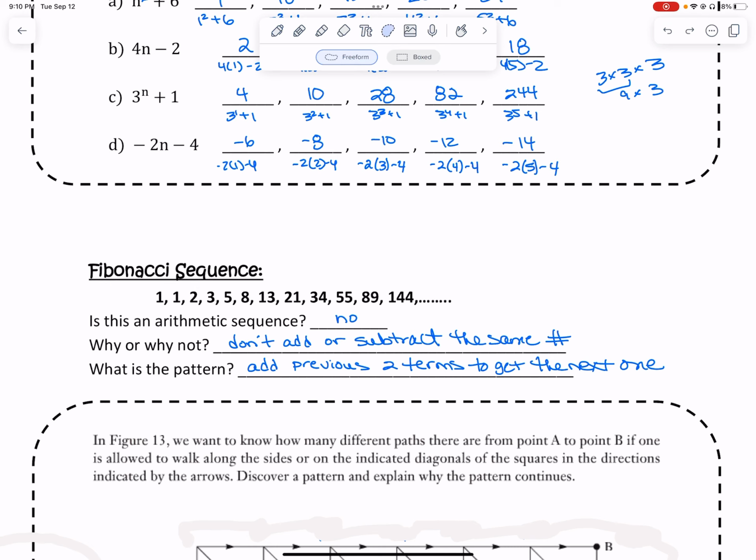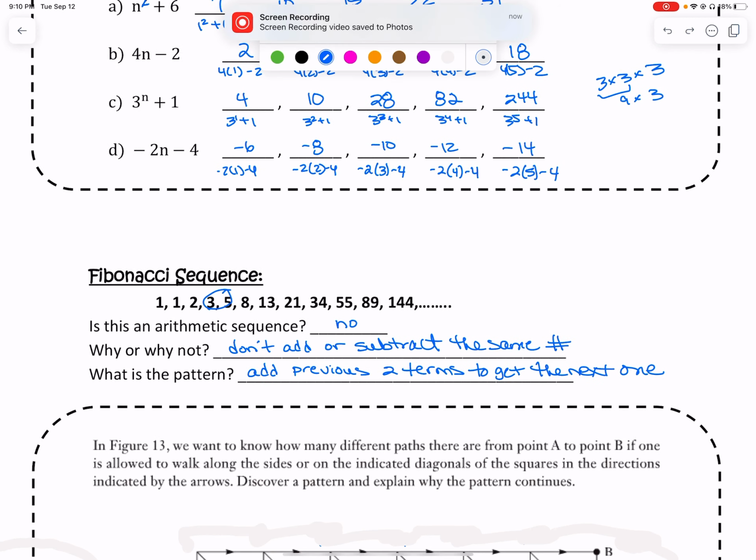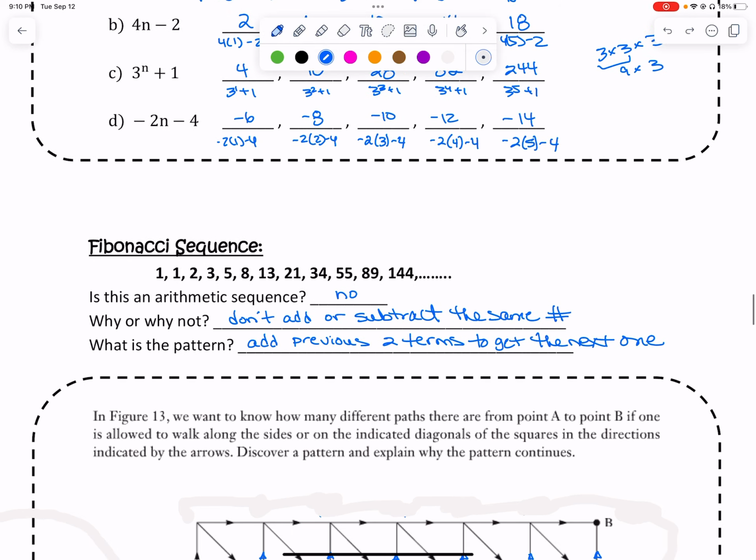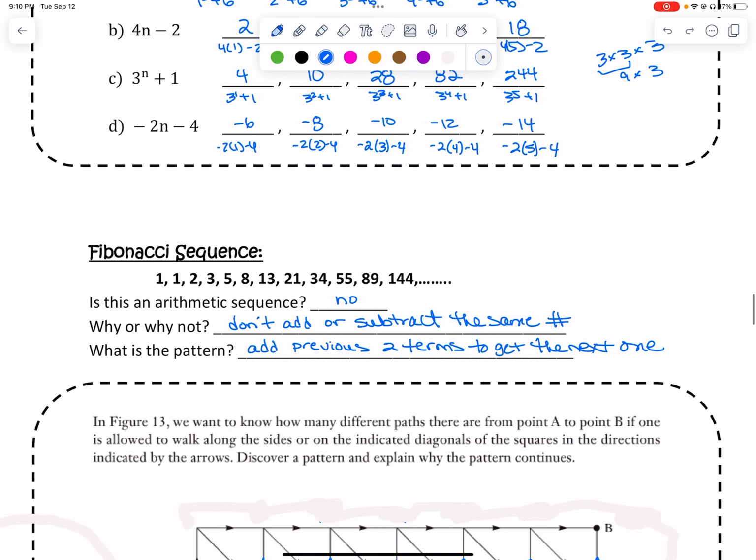Now I'm going to take these guys. 1 plus 2, what does that give me? That gives me 3. 2 plus 3, that gives me 5. 3 plus 5, that gives me 8, right? Okay, so we're going to add the previous two terms to get the next one.